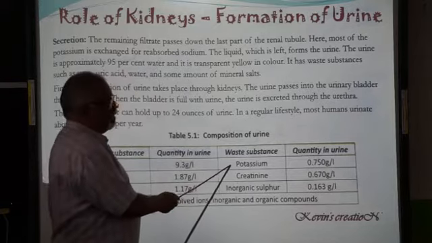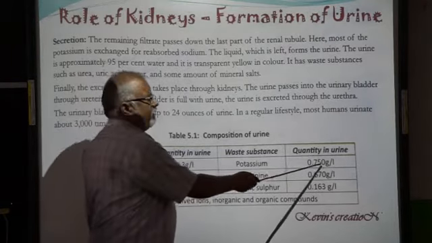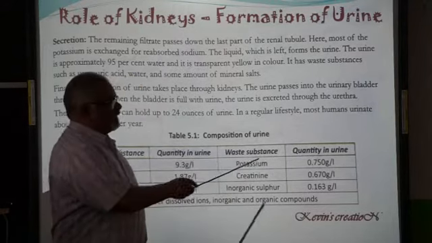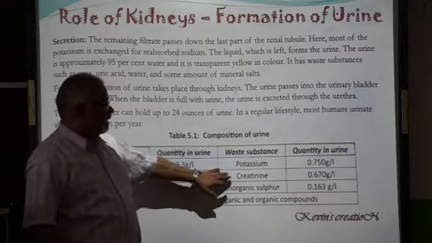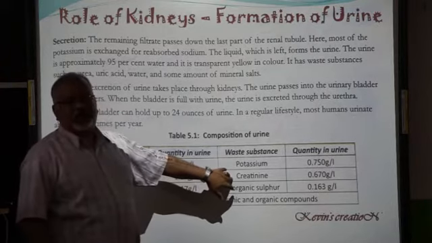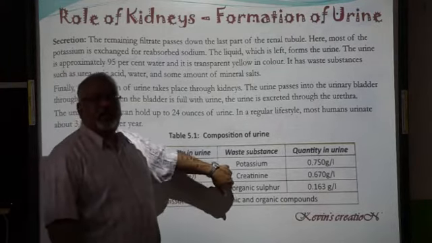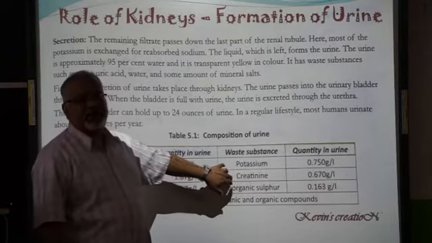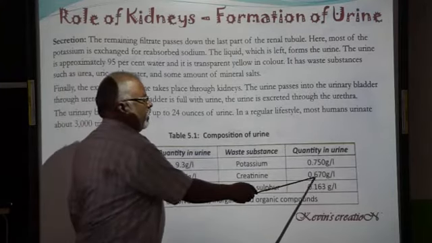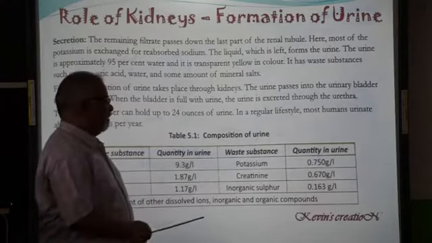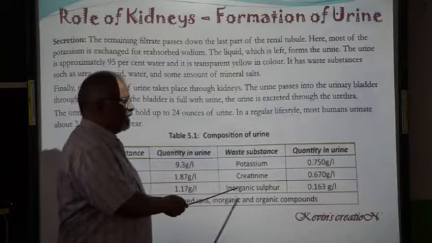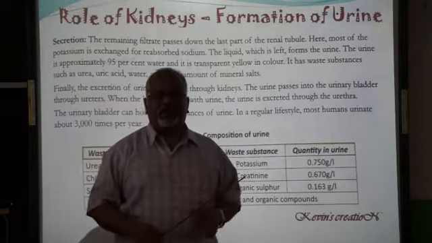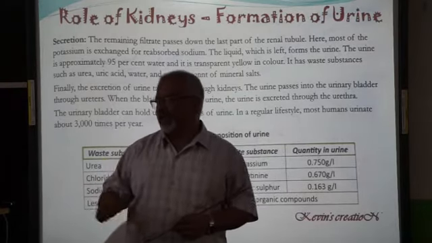Here you have potassium, that is 0.750 grams per liter. Creatinine, those who have gone for a urine test in the pathology lab must be familiar with this word, creatinine. It is 0.670 grams per liter. The inorganic sulfur is there, 0.163 grams per liter. So these are the waste products which come out with urine.